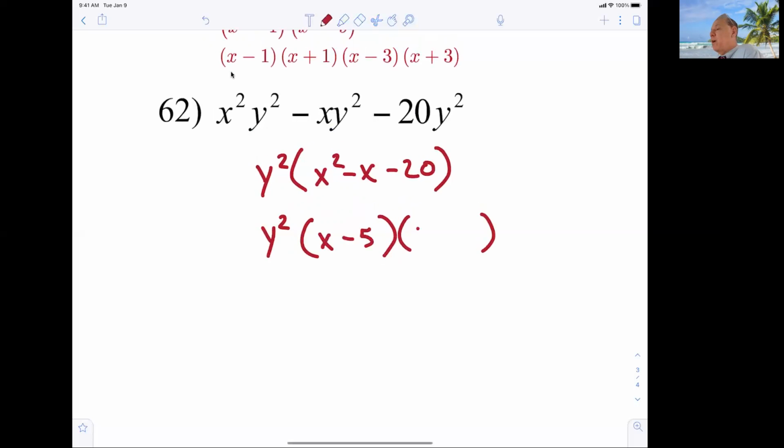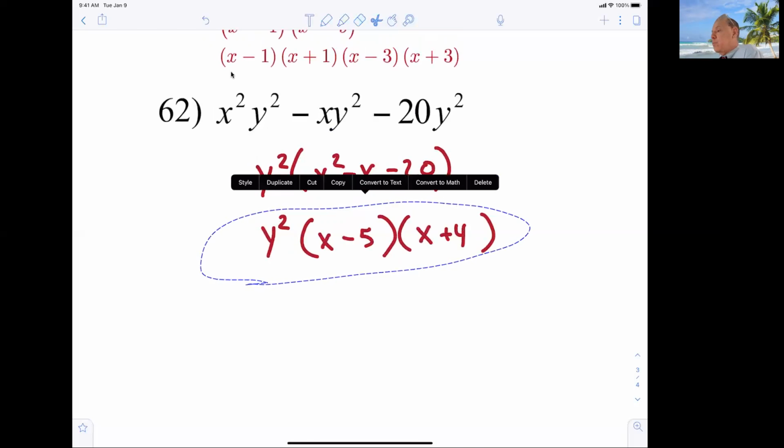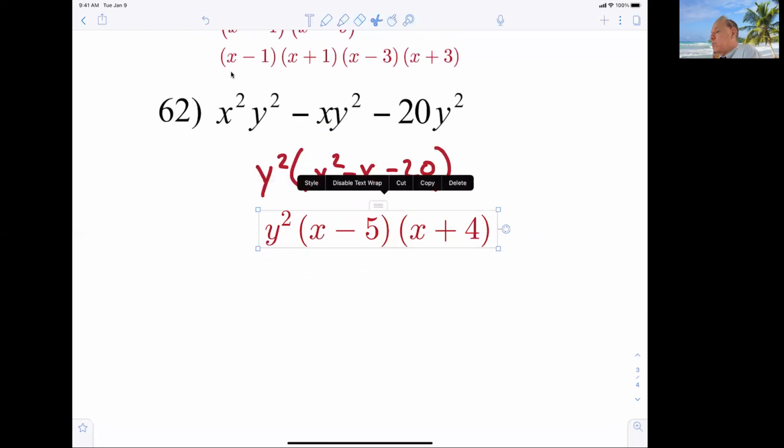Very good. -5 and +4. Anybody have any issues?